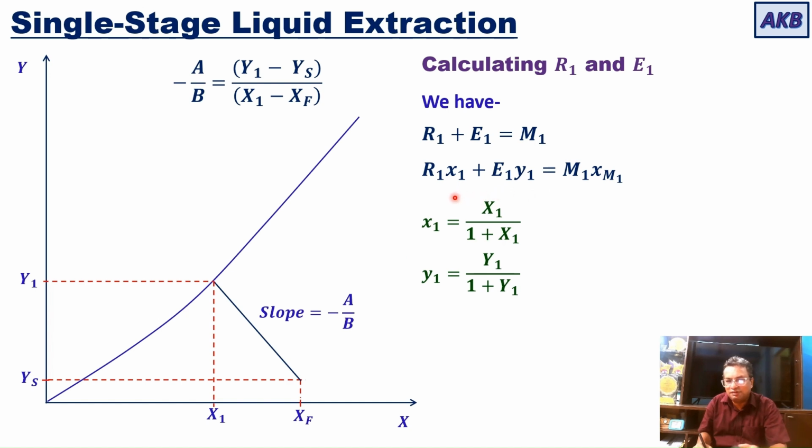In the second equation, everything will be known to us except R1 and E1. So you have two equations and two unknowns. Which are those two unknowns? R1 and E1. So solve these two equations simultaneously and get the values of R1 and E1. In this way, you can get the values of R1 and E1 in single stage liquid extraction, which involves insoluble liquid.